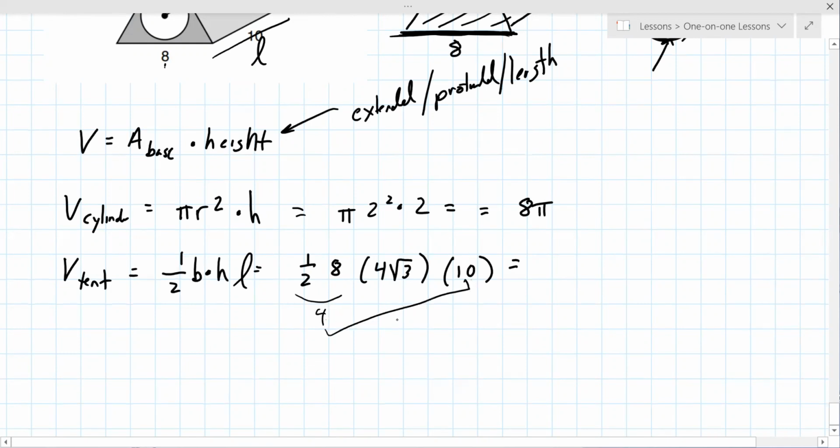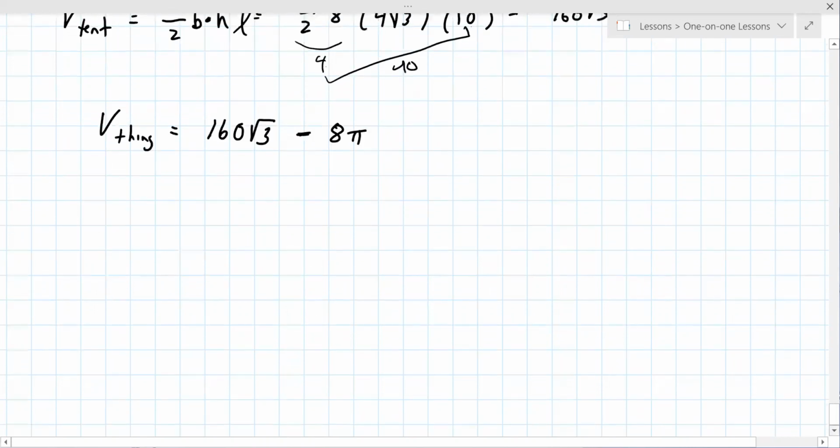And then 40 times 4 is 160 square root of 3. So the volume of the thing, I don't know what to call it, is the larger section subtracting out the smaller section. Okay. So let's try one similar to this.